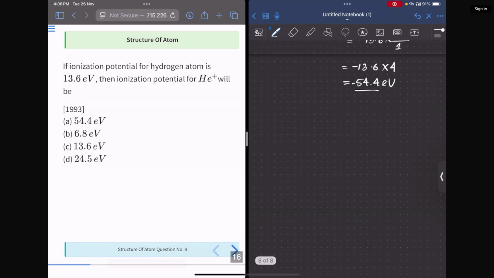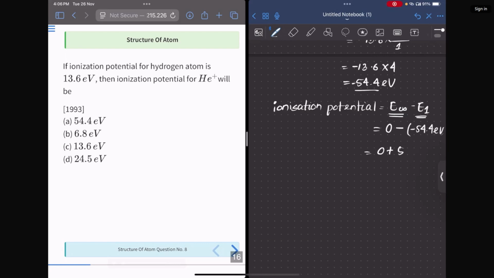So what will be the ionization potential? Ionization potential will be energy at infinity minus energy at orbit 1. What is the energy at infinity? 0. Minus energy at orbit 1, which is minus 54.4 electron volt.